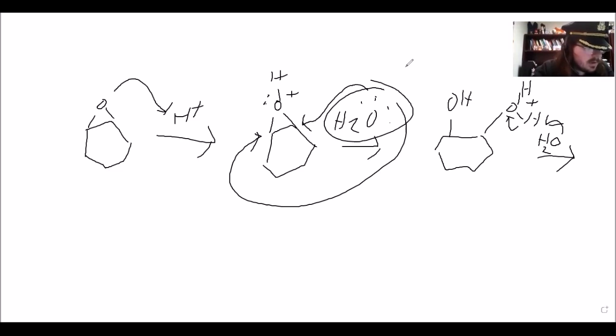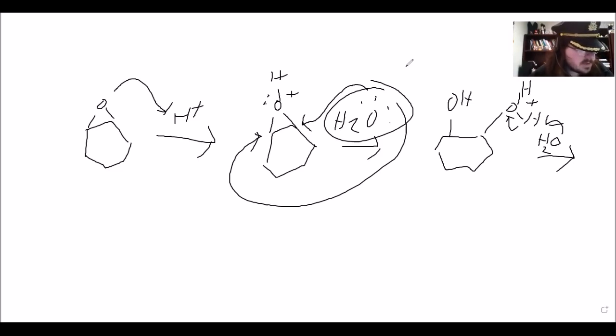So just depending on what group you add on that step is going to depend on what our ending product looks like. If I use a hydrohalic acid, so HCl, HBr, HI, we're going to get a halohydrin. And if you have enough of the acid, you're going to get a dihalide, which is not always super useful.